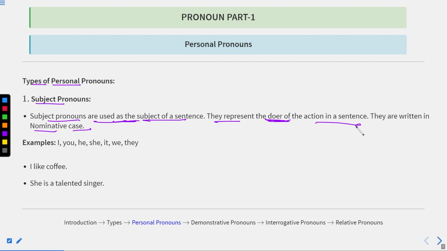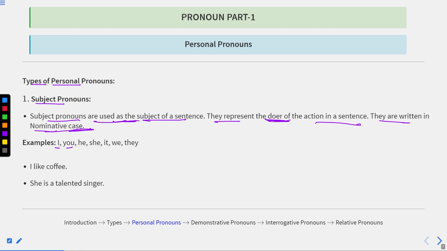These two sentences can be used for the word subject. Whenever we use any pronoun in place of the subject, it should be written in the nominative case only, or in the subject pronoun only. Additionally, you can say that subject pronouns are actually the nominative cases. They are always written in the nominative case.